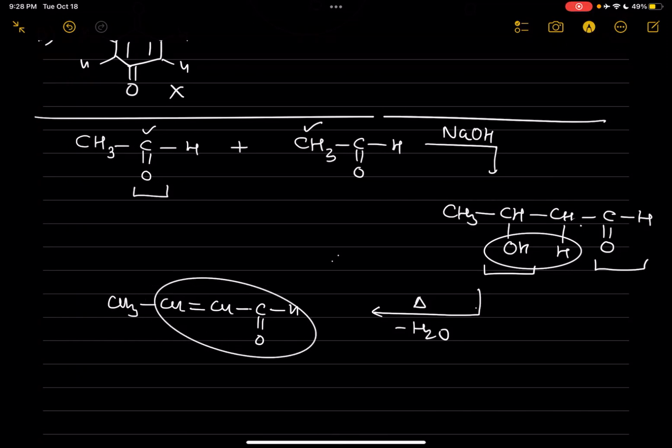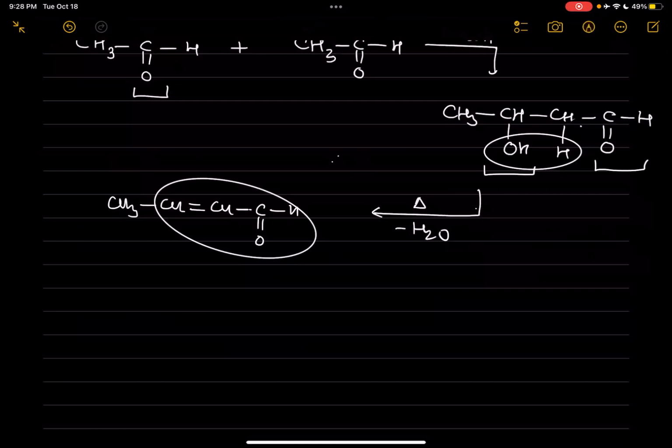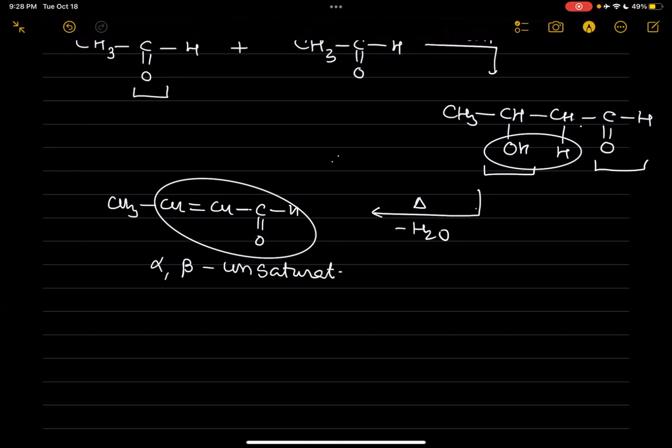This is known as alpha beta unsaturated aldehyde or ketone. If heat is given, you will directly come to this point, and if heat is not given, you will make that beta hydroxy compound.